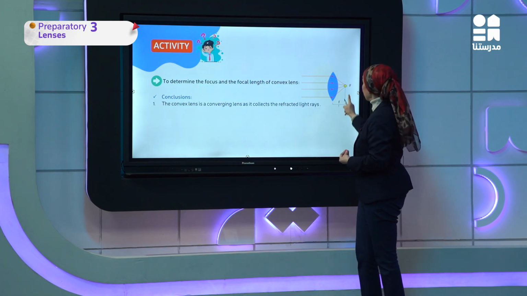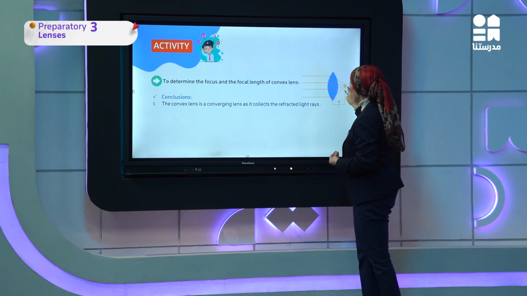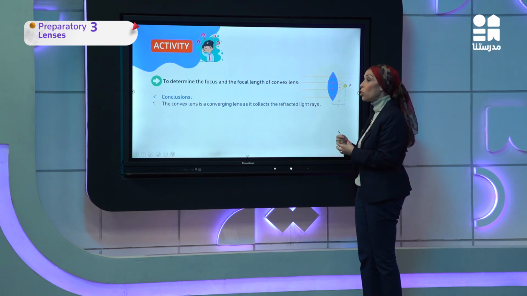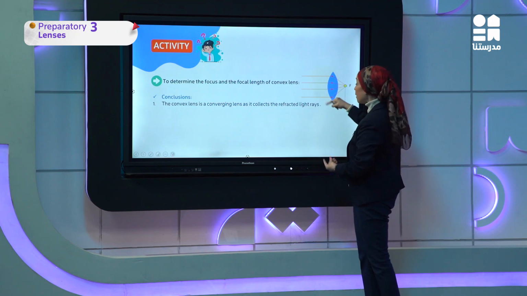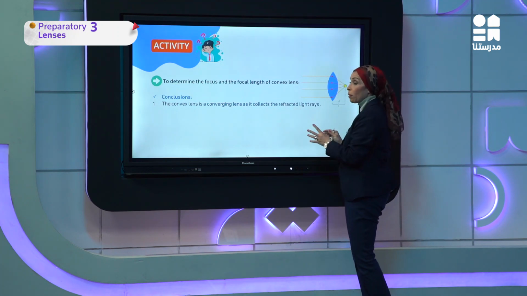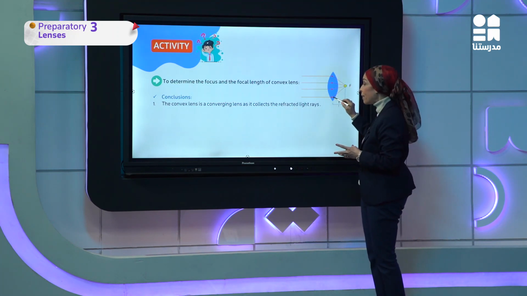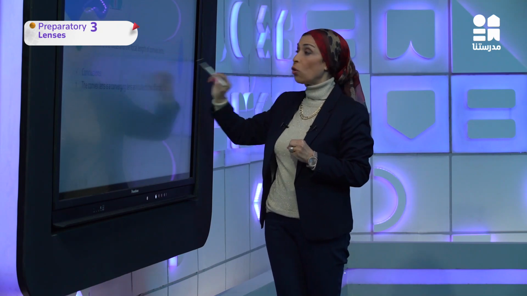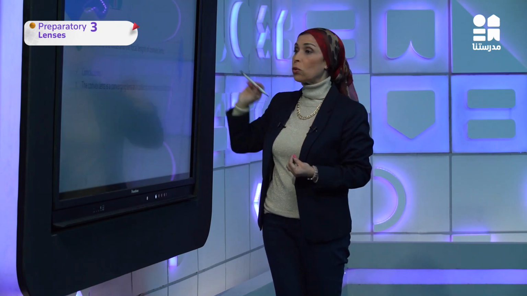Measure what? The part from the focus to this part, so it is a focal length. طيب يبقى الconclusion عندي ايه؟ That the convex lens is a converging. What's meant by converging? You can see here in the figure. After the light rays falling on the lens, it will converge or collect. Where? In a point called focus.